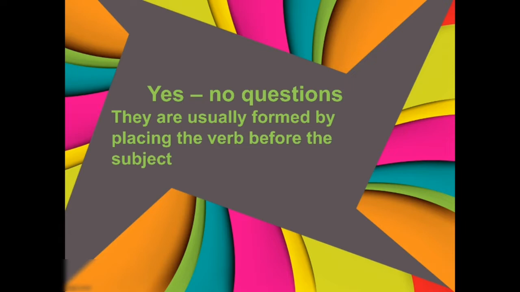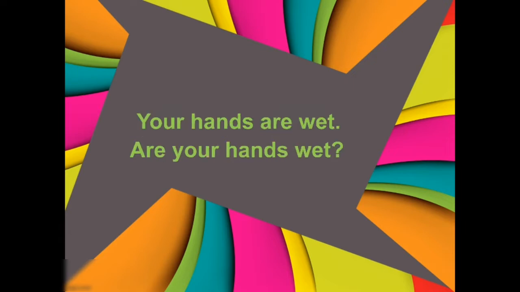Let's take an example, students. Your hands are wet. This is a general statement कि आपके हाथ गीले हैं. Your hands are wet. And when we form a question in this, what will we do? Your hands जो कि subject हैं, are जो कि helping verb है, and wet जो कि आपका predicate है. So how will we rearrange them?